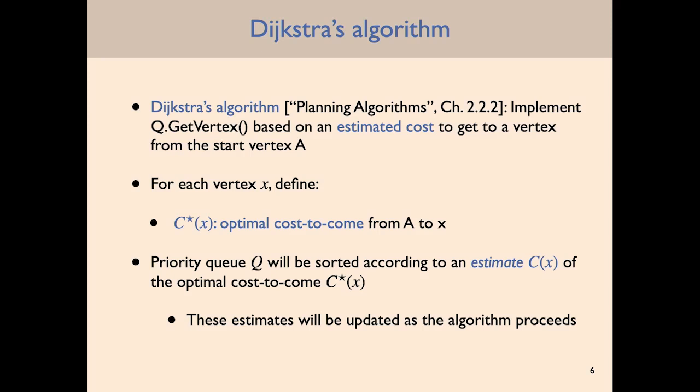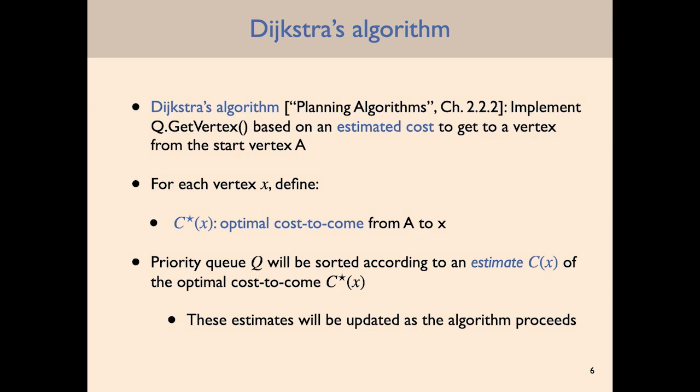The priority queue will be sorted according to this estimate, which we're going to call C of x, of the optimal cost to come C star. So C star is the optimal, and C of x is what the algorithm actually maintains. That's the estimated cost to come to a vertex x from the starting vertex A.